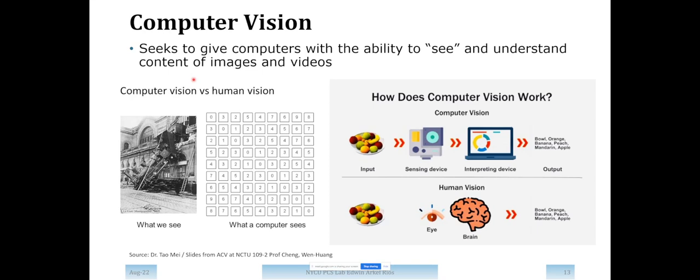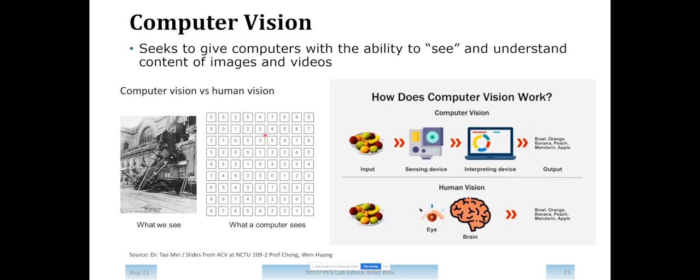So the way we see the world looks like this: we can see shapes, colors, anything. But for computers, it's basically a matrix of zeros and ones or certain pixel values. So the way that computers look at the world is fundamentally different.